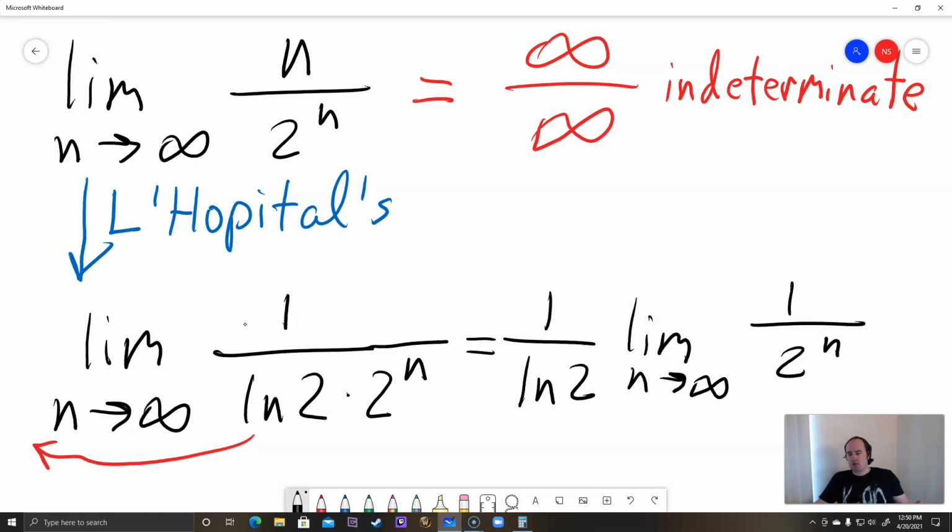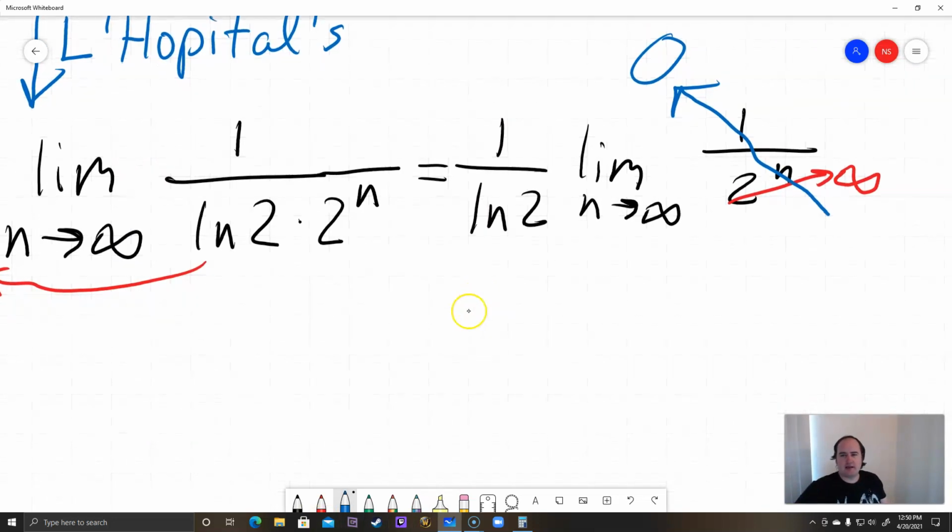And now we have something we can work with. We know that 2 to the n goes to infinity as n goes to infinity. And so this entire fraction is going to be 1 over infinity, which is going to go to 0.